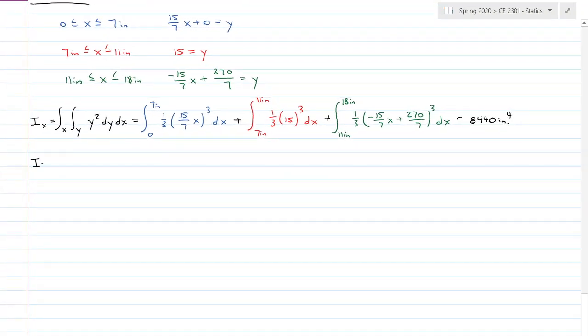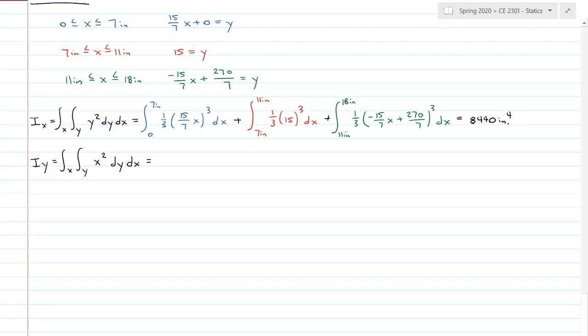For Iy, we are also using the x-axis. So this is moment of inertia about the y-axis, but we're integrating with x on the outer integration. x squared dy dx.